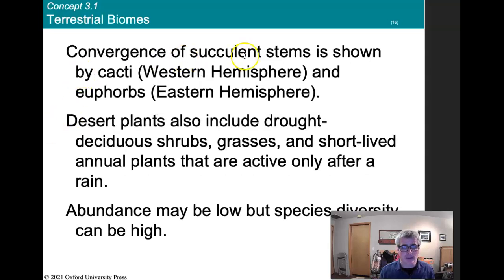So the convergence of succulent plants shown as cacti in the Western Hemisphere and euphorbs in the Eastern Hemisphere. We'll talk more about convergent evolution. But it's sort of interesting that we have this similar shape of organisms, both plants and animals, that developed in totally different areas because they're exposed to similar environmental stressors.